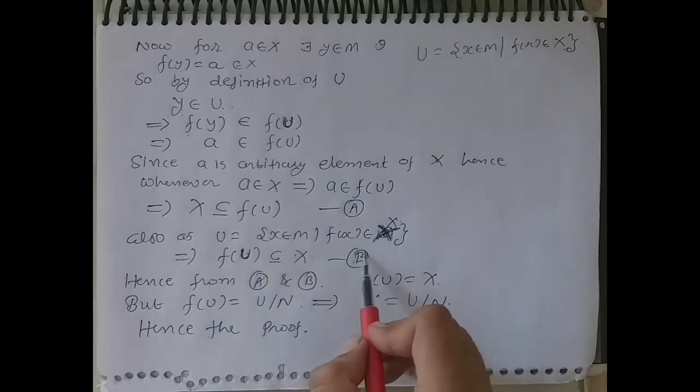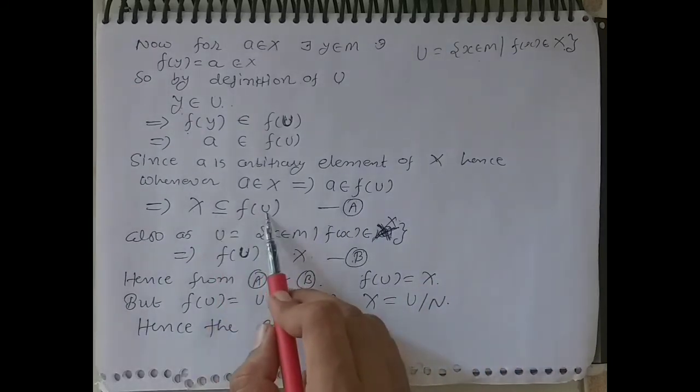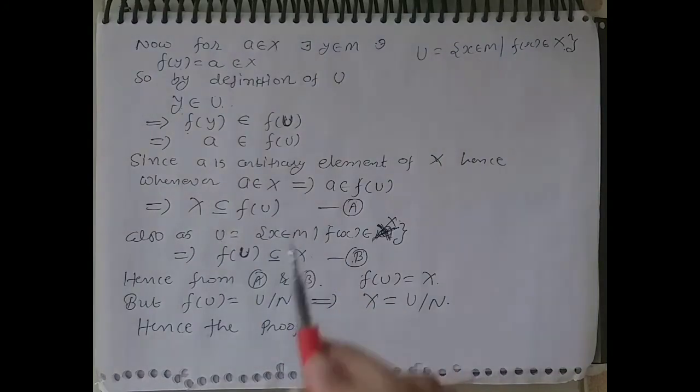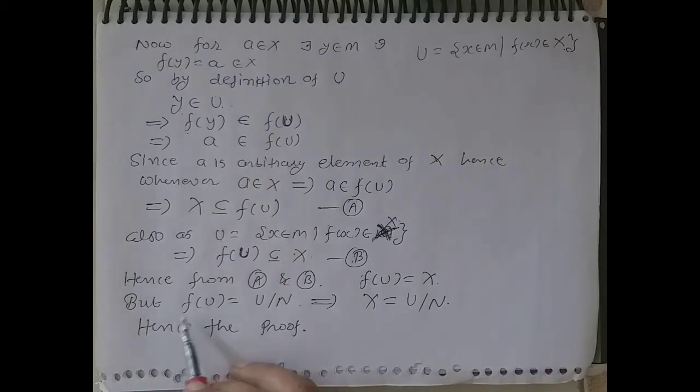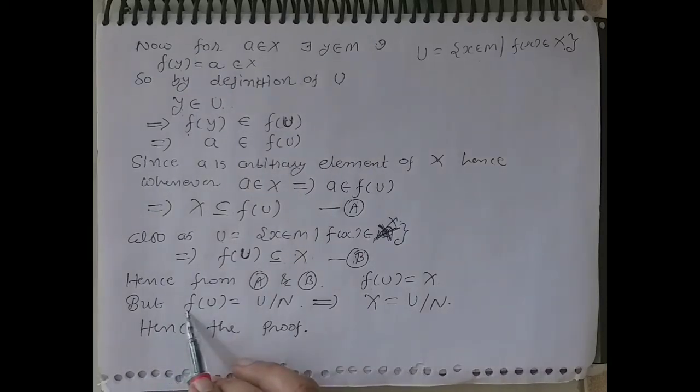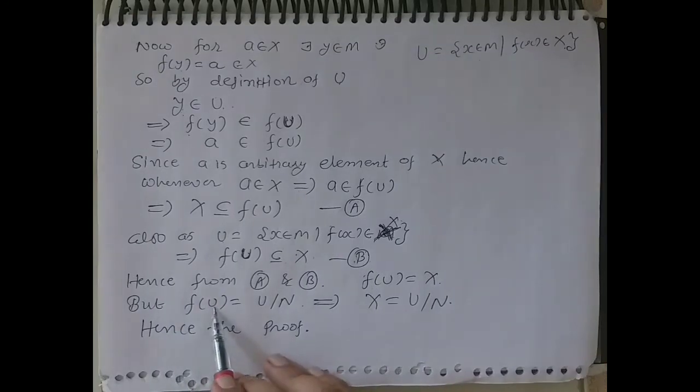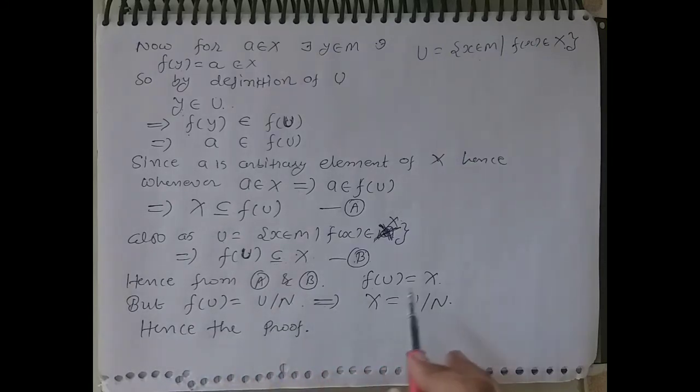So from a and b, X is a subset of f of U is a subset of X, hence f of U is equal to X. But f is the canonical mapping applied on set U, so we get U quotient N. Hence this implies that X is equal to U quotient N. Hence the proof.